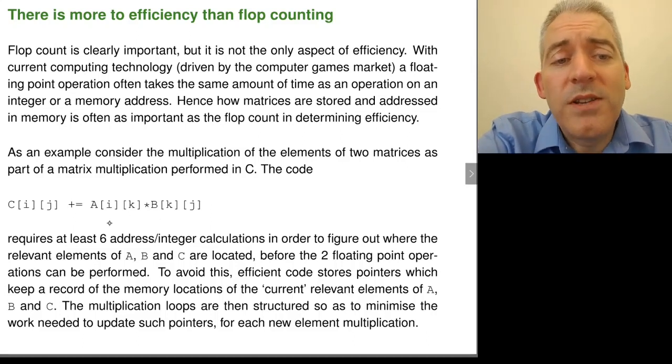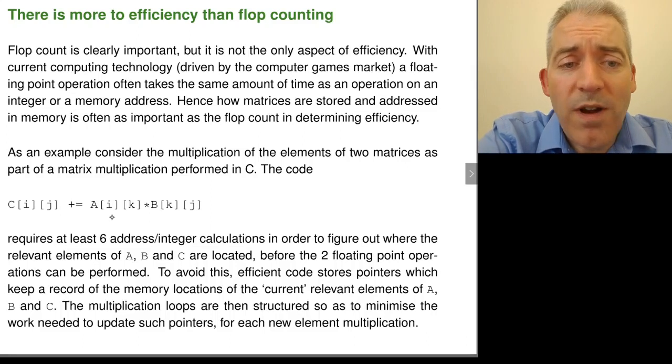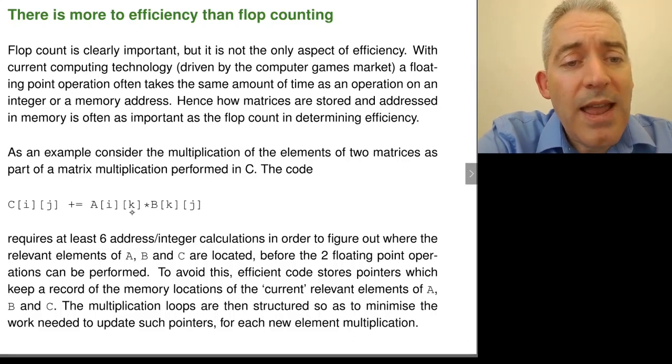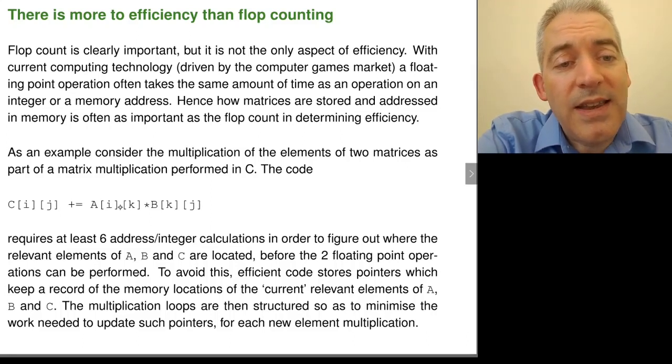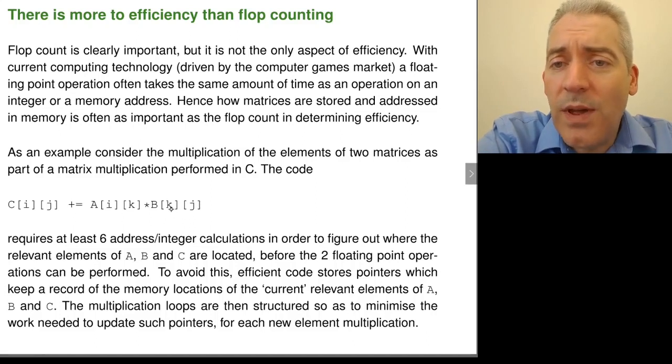There are a lot of integer operations going on. So to multiply those two numbers together, you first of all have to retrieve them both from RAM. Okay, so this A[i][k] is indexing a place in memory where this number can be found, and similarly B[k][j] is indexing a place in memory where this number can be found.